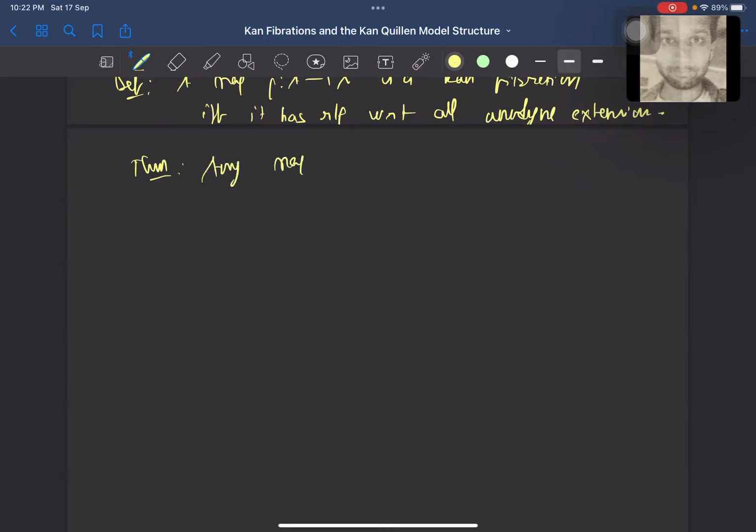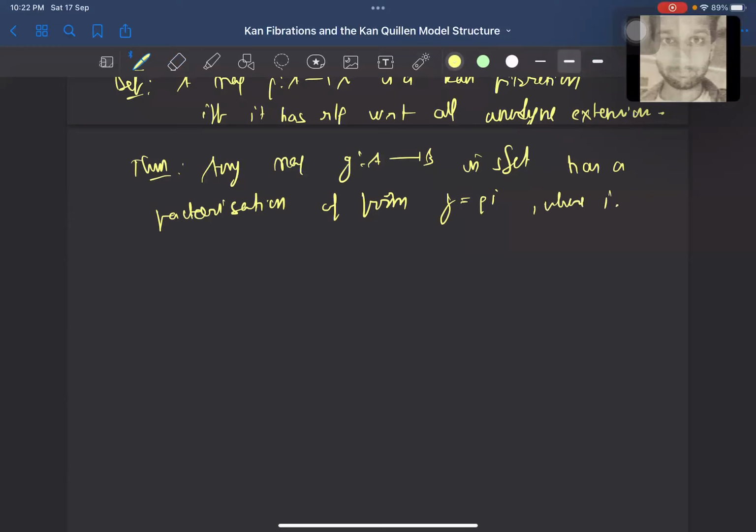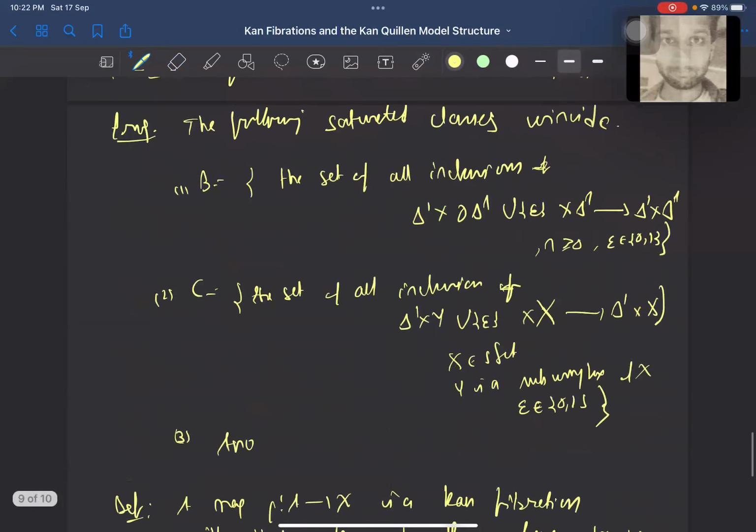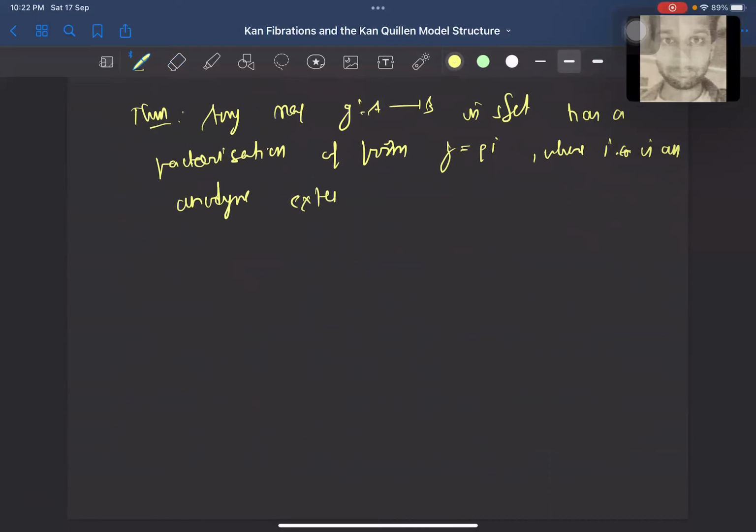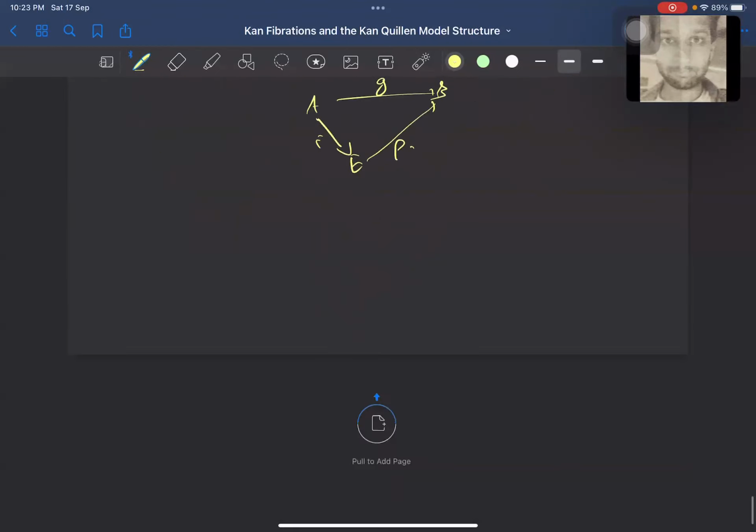Any map from A to B in the category of simplicial sets has a factorization of the form where I is an anodyne extension and P is a fibration. So you have this factorization, and we'll prove this.